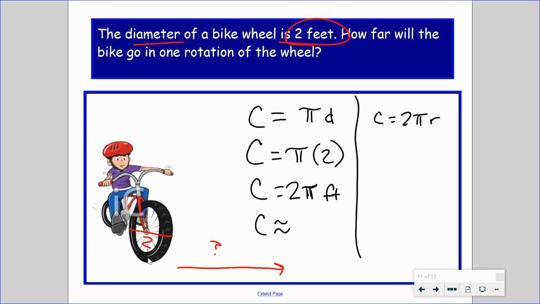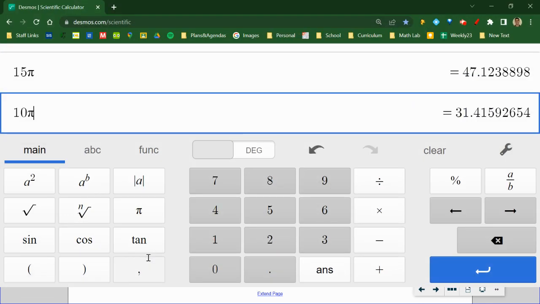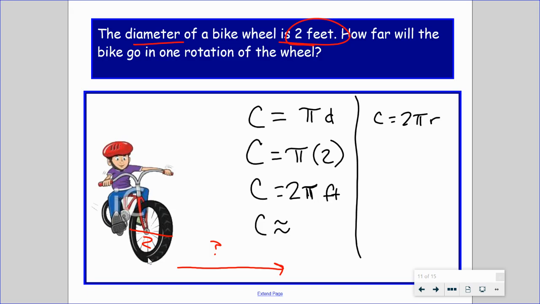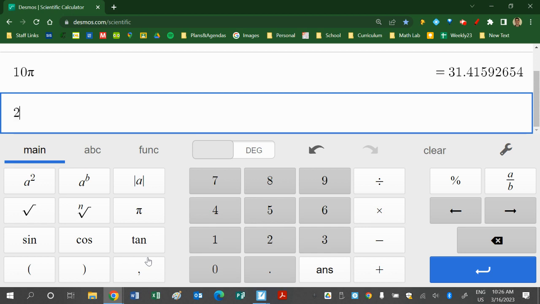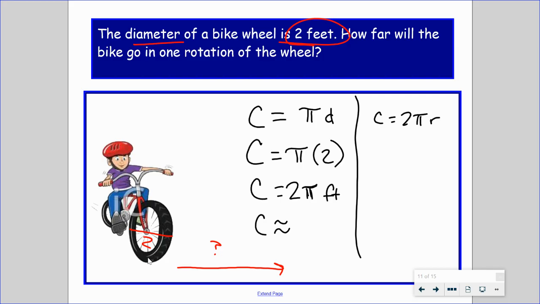And then I'm going to go to the calculator, and I know the textbook is going to say use 3.14. No. That was way back when, before they had a really nice pi button on calculators. 2 times pi, 6.28 or 6.29 looks closer to 6.28. So I'm going to write 6 and 28 hundredths of a foot. Well, I guess I should say feet.